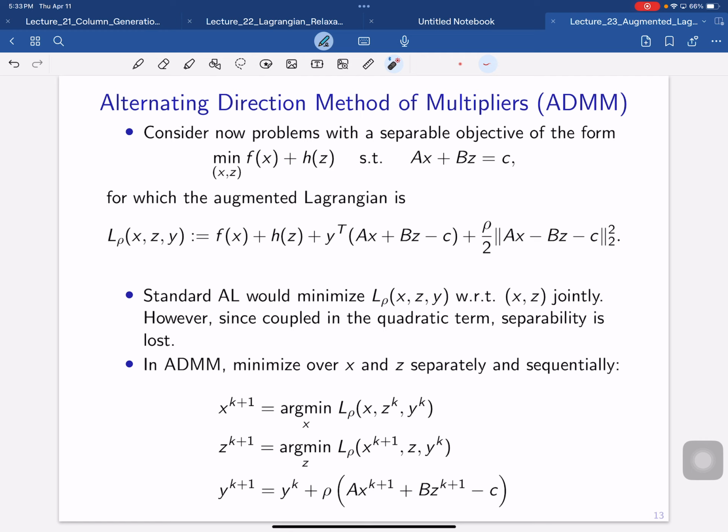So what is the difference between the method of multipliers and this one here? That we optimize separately and sequentially. Yeah, can you be more explicit? In what sense? Okay, I think you are already very clear.